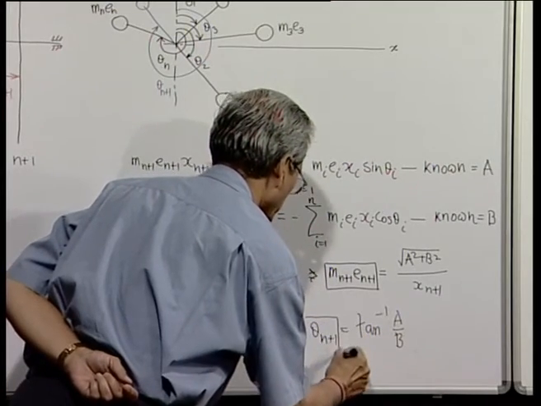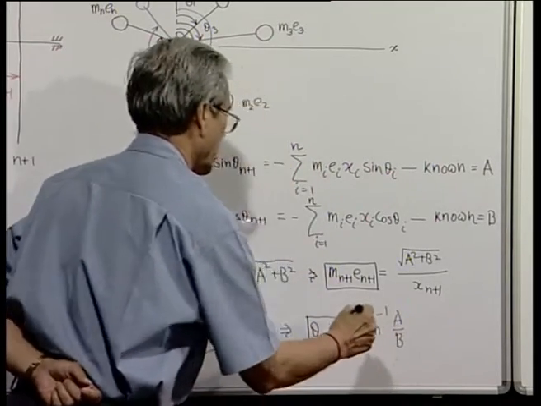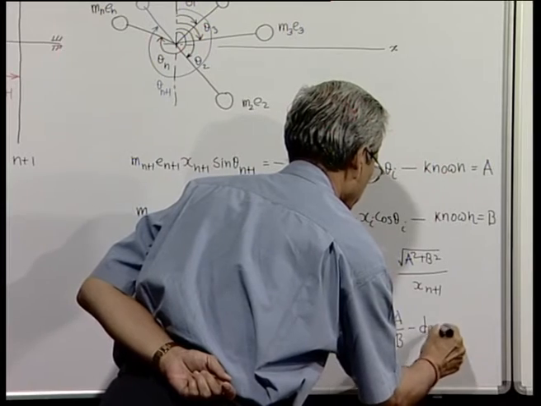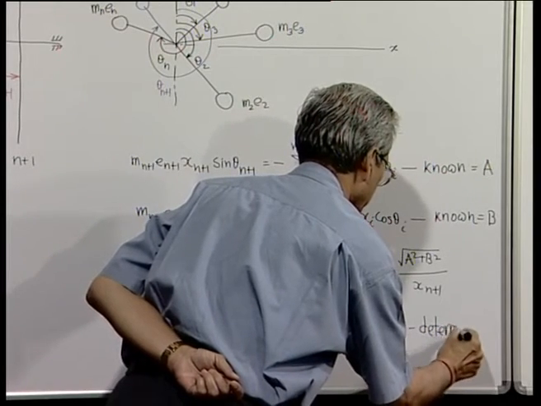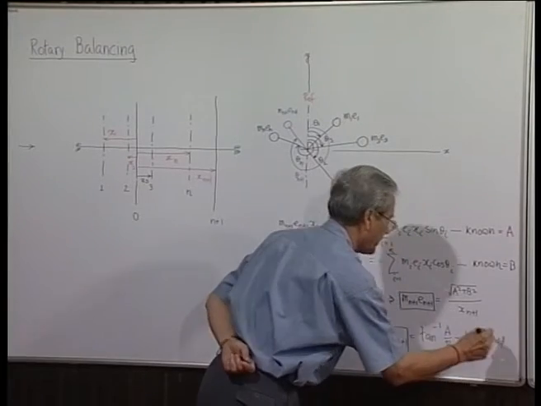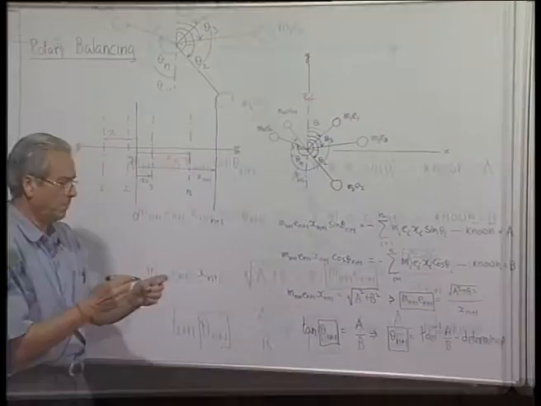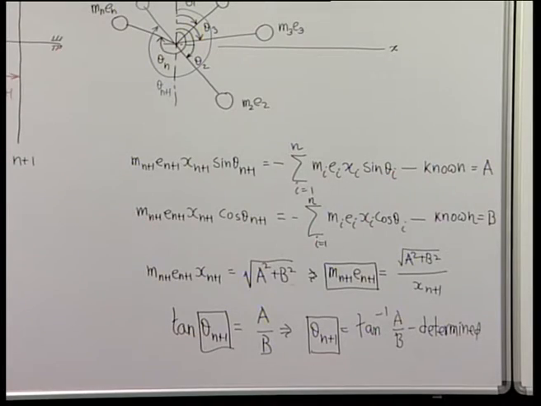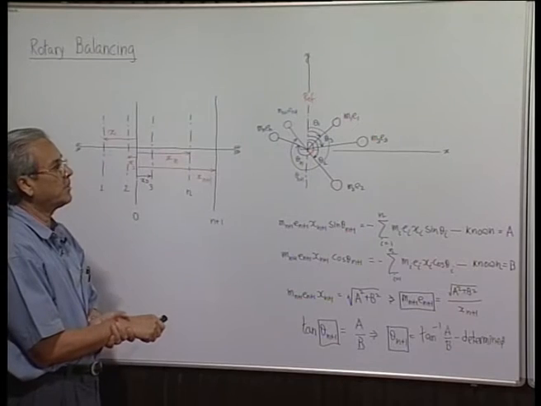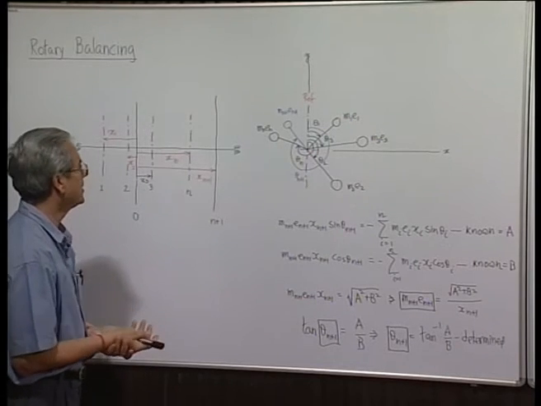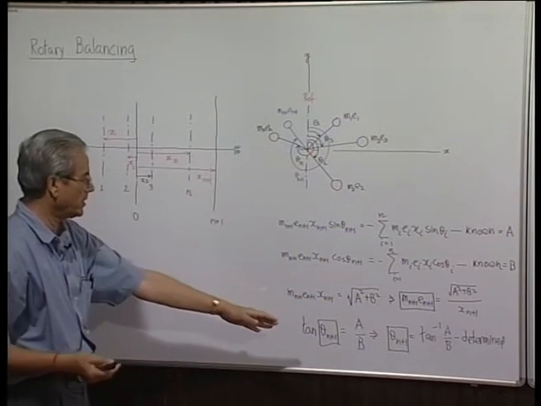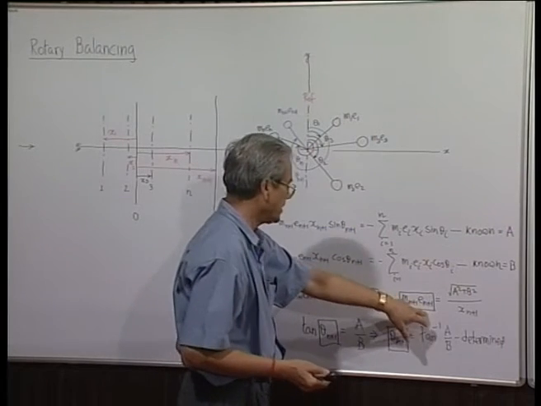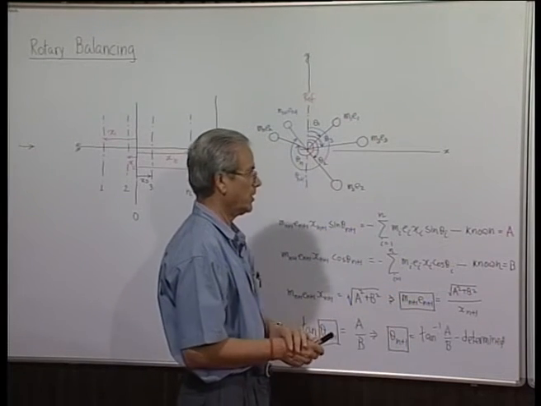Thus, this is also determined. So, from the two columns showing the components of the couples, they give us one balancing mass and its angular position.